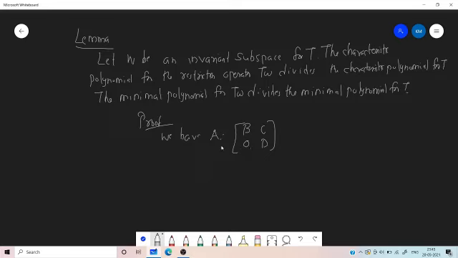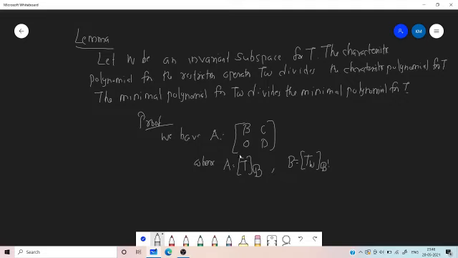Where A equal to the matrix of T relative to the ordered basis beta, B equal to the matrix of TW relative to the basis beta dash.